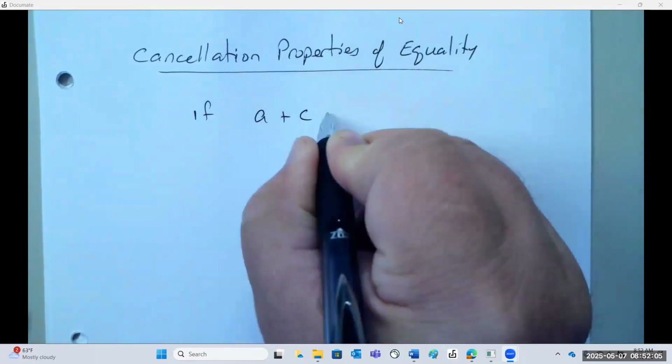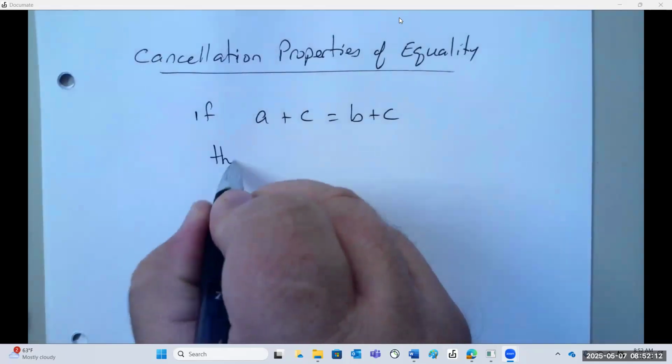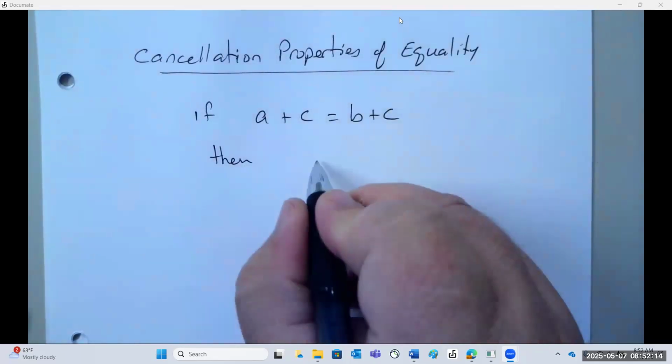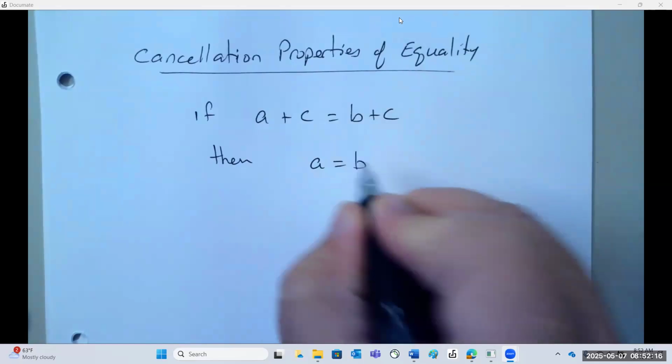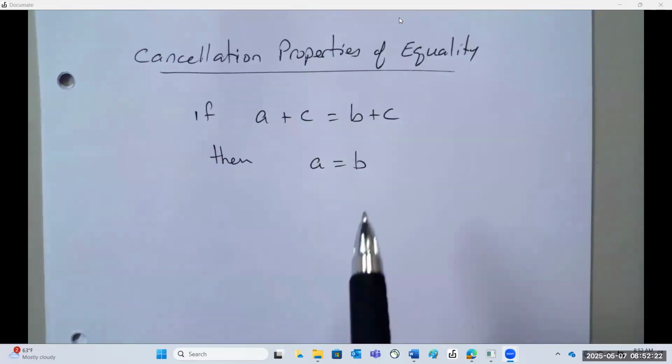If A plus C equals B plus C, then what makes them equal is if A equals B. Why is that important?